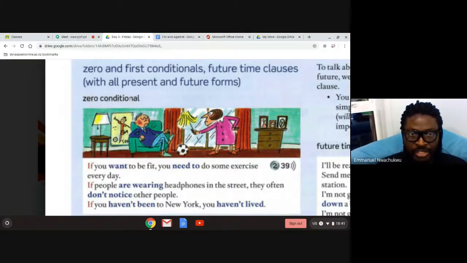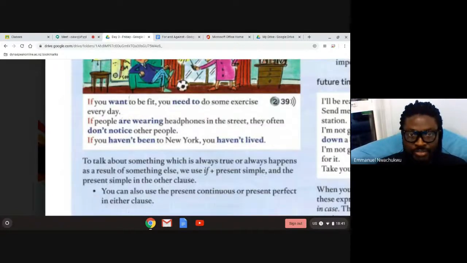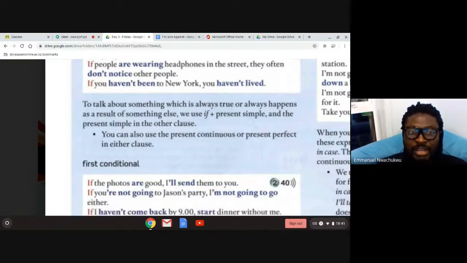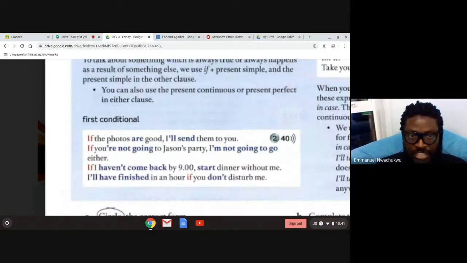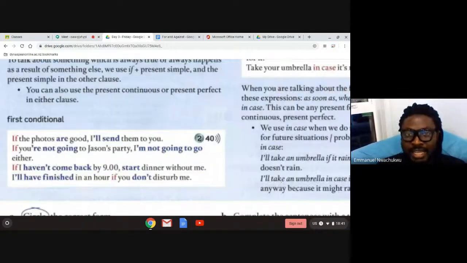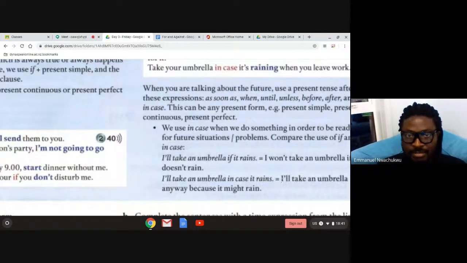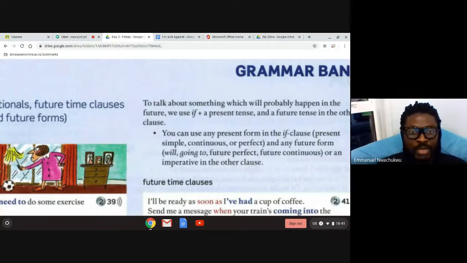These are examples of the zero conditional and the explanation that goes with them. For the first conditional, you have the second white box. Look at these 4 sentences, and the explanation follows that white box as well.